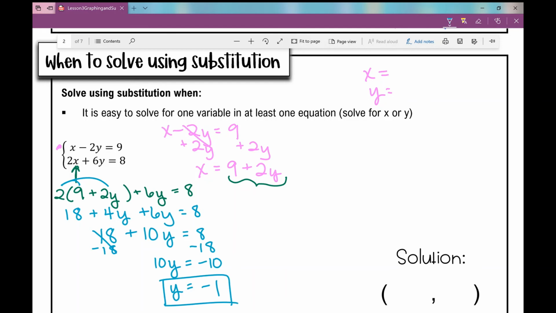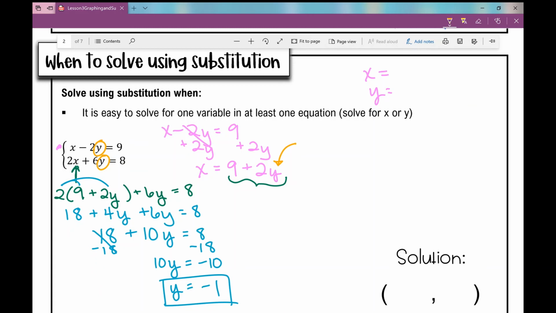So now I've got the value of one variable. And if y equals negative 1, anywhere I see y, I can replace it with negative 1. I see y right here, right here, and right there. I can replace it in any one of those equations, and I'll get the same value for x. Which one would you replace it in?